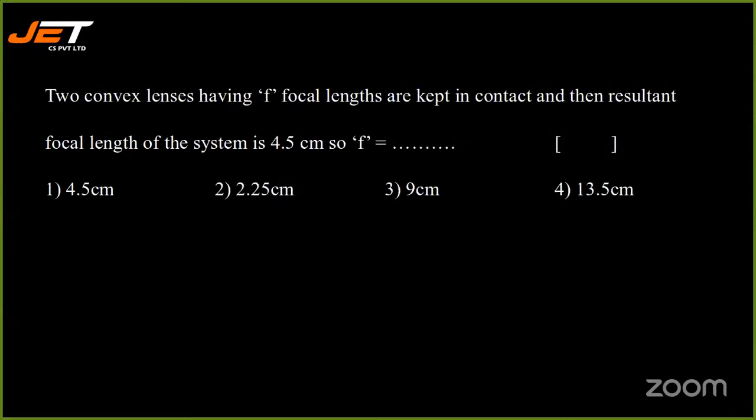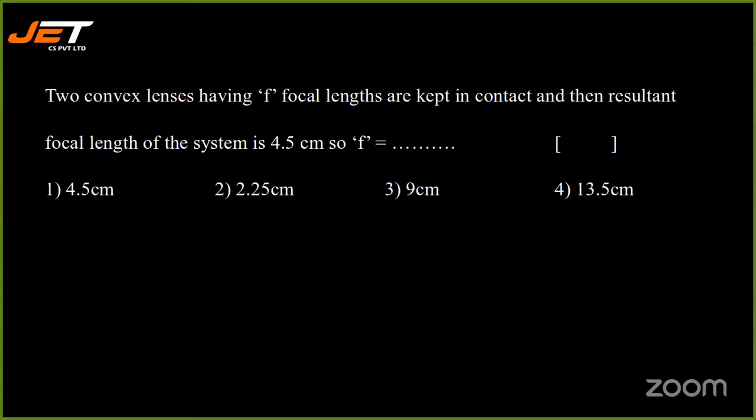Two convex lenses having equal focal lengths are kept in contact, then the resultant focal length of the system is 4.5. So what will be f? This is based on the previous question. What did I say? The formula is 1 by f combined equals 1 by f1 plus 1 by f2. If we have the same focal lengths kept in contact, what happened to the combined focal length?